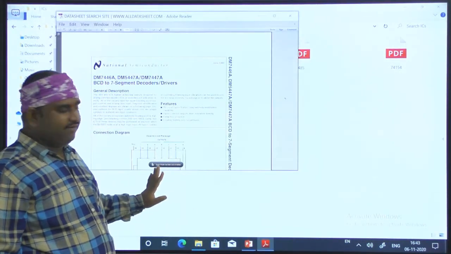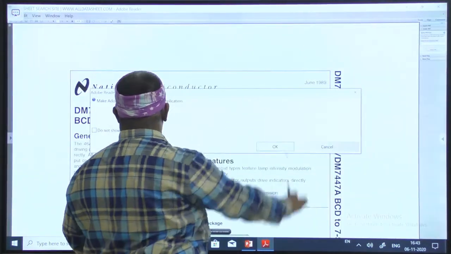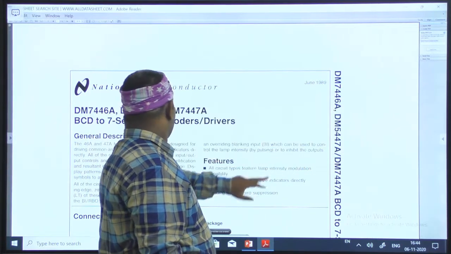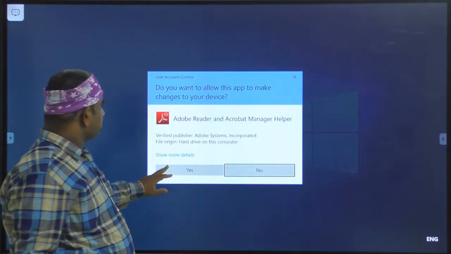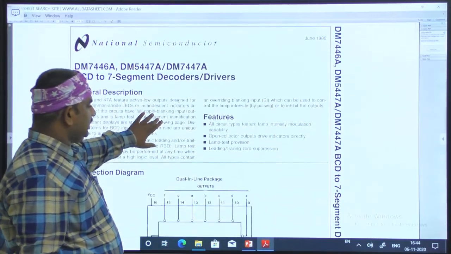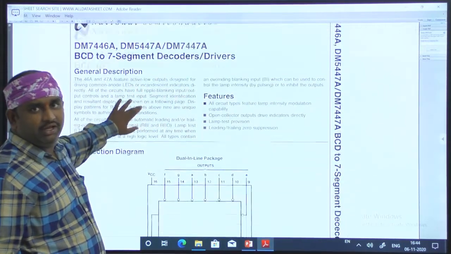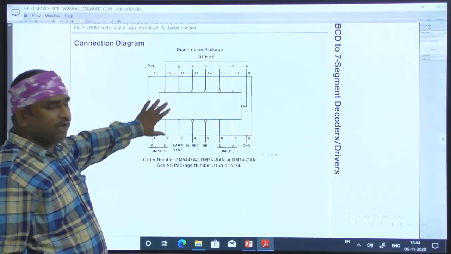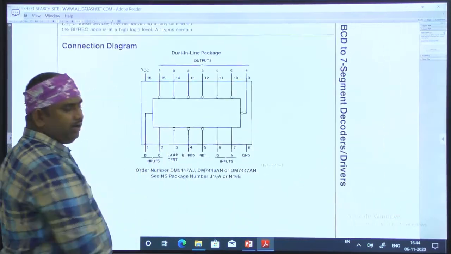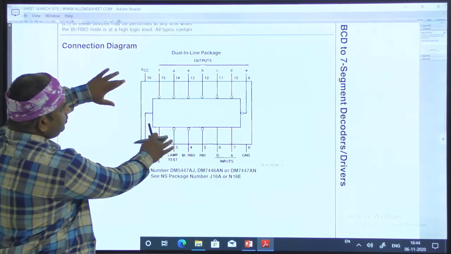All the data sheets are available, and I will forward these sheets to you. So see here, this is the IC 7447 data sheet. In this data sheet we have the pin diagram. This is our pin diagram. Is it visible to you?